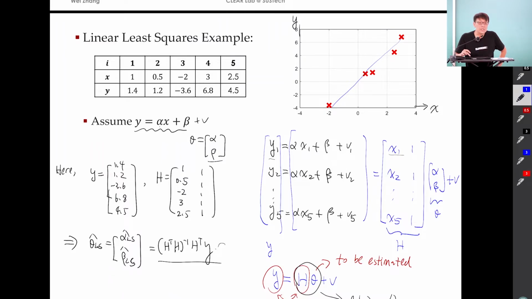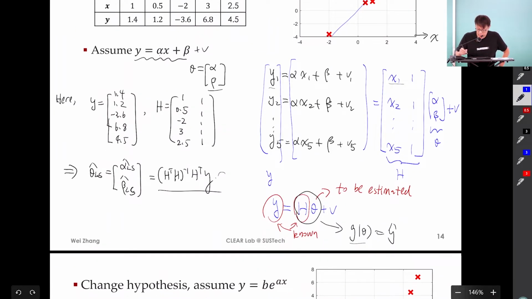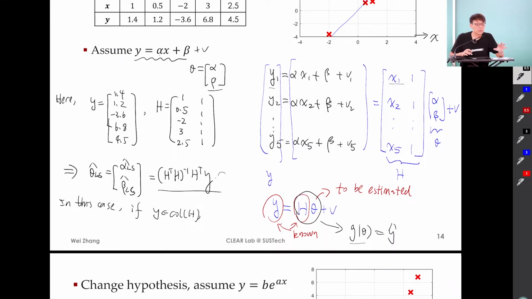Okay, I may ask you, in this case, does y belong to the column space of H? Can you see? Does y fall into the column space of H? It seems not, right? That means there must be some error.